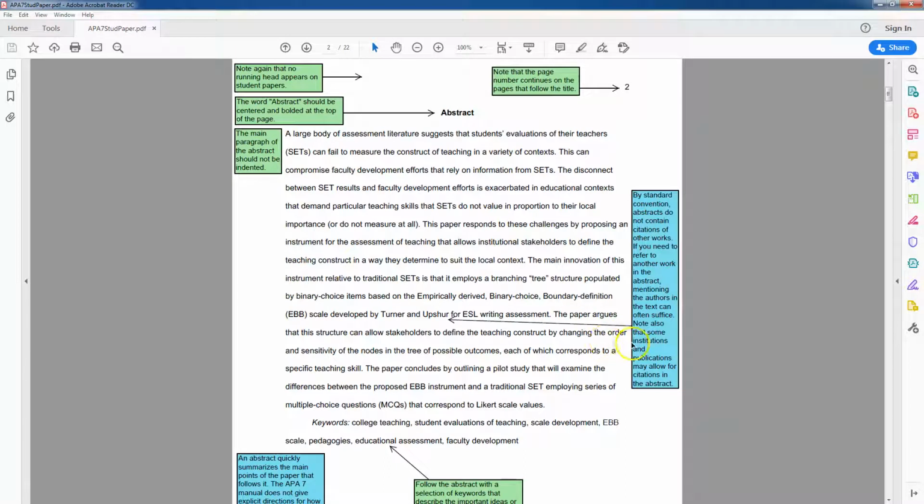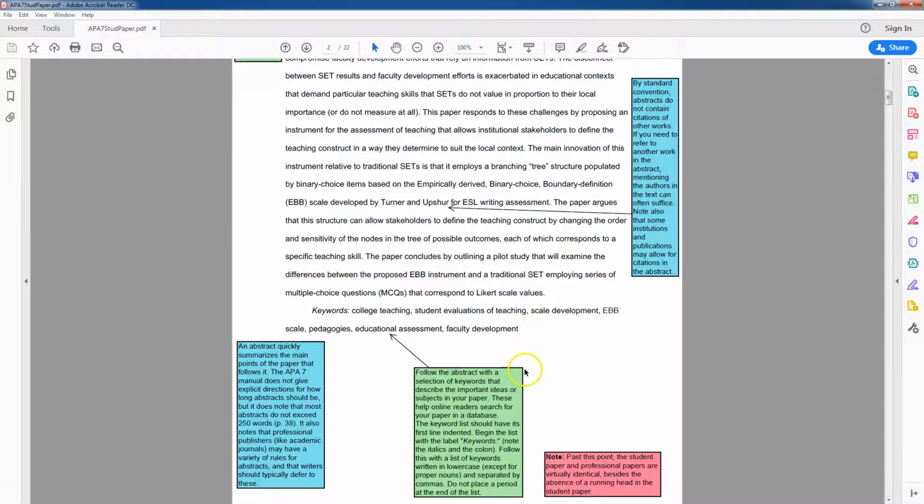In a standard convention, abstracts do not contain citations of other works. If you need to refer to another work in the abstract, mentioning the authors in the text can often suffice. Note that some institutions and publications may allow for citations within an abstract, so it's important to understand.